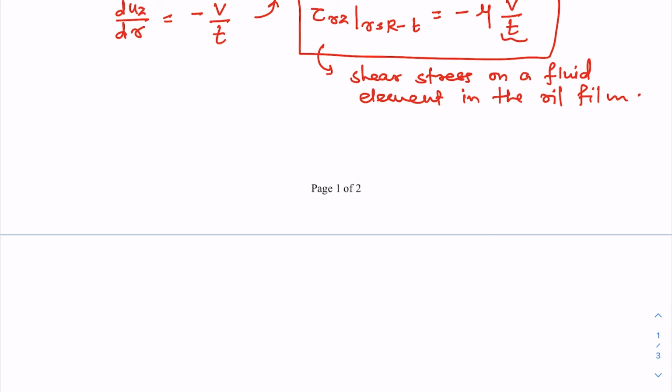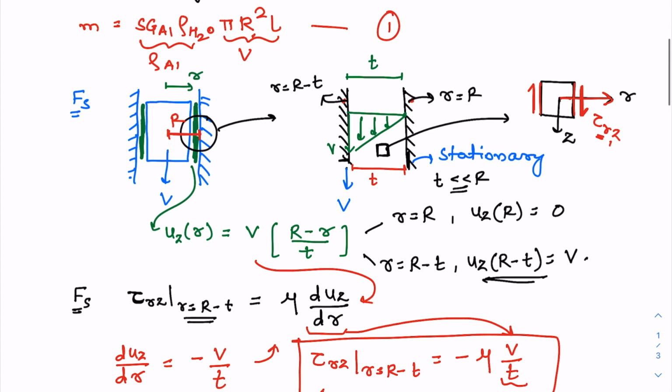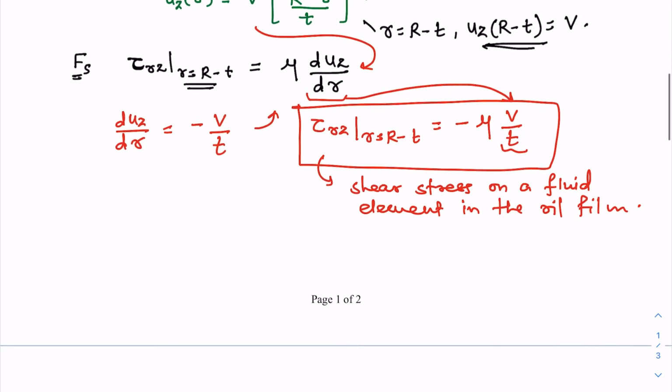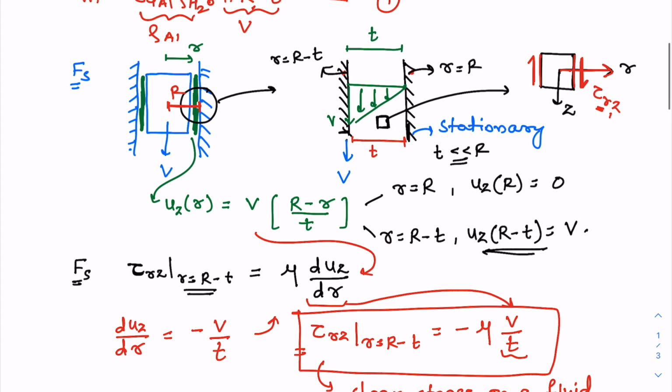So the shear stress acting on the piston will be in the opposite direction to this shear stress, and we already know that the shear stress acting on the piston is in the upward direction because it is essentially balancing the downward weight of the piston.